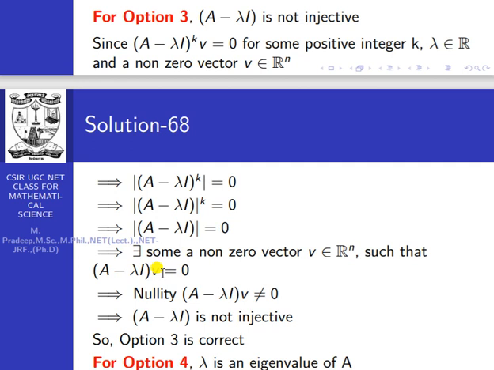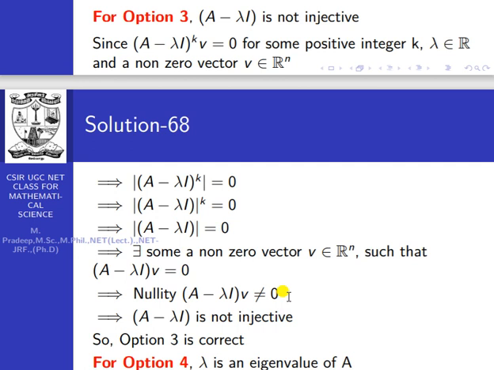V is the non-zero vector corresponding to the eigenvalue lambda. Okay, we have just used the eigenvalue and eigenvector definition here. That's all, nothing else.